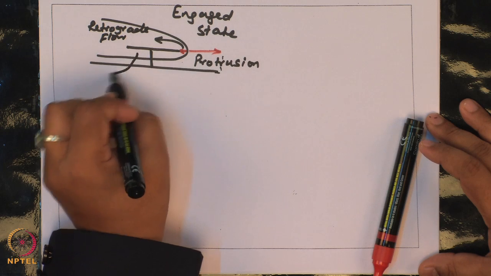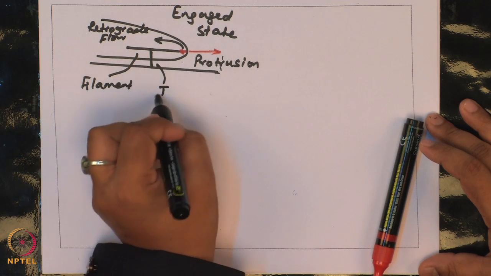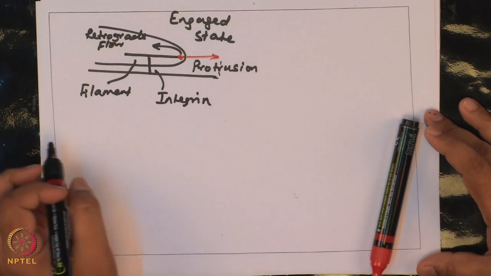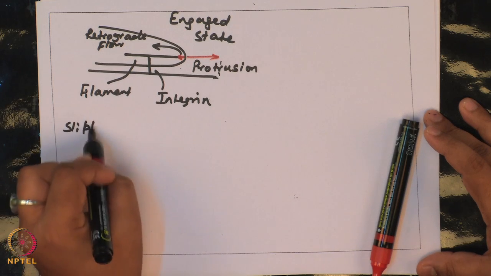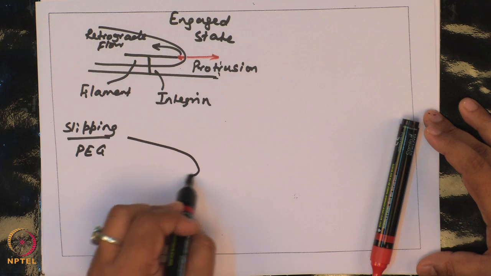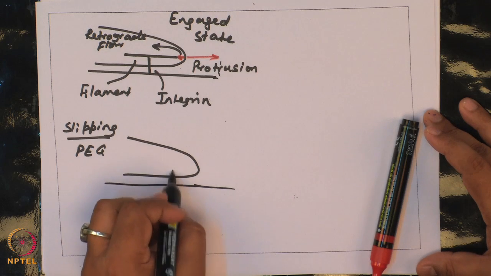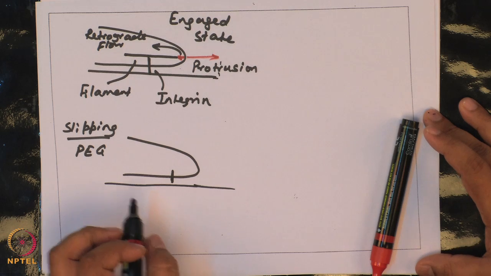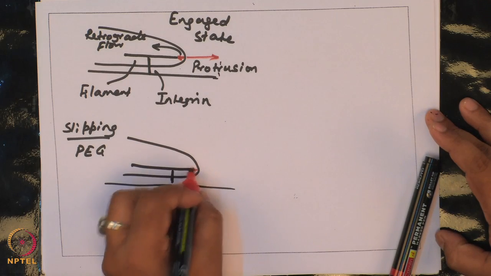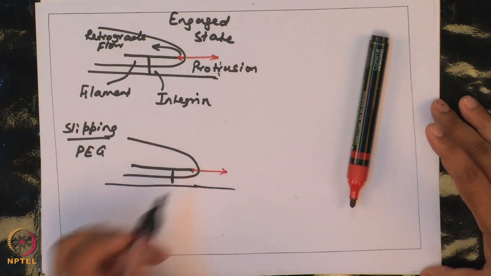What I have drawn here is the filament and this is the integrin connection. Now, a slipping kind of situation is what you observe on a PEG coated surface, where your integrin is there, but it is not engaged to the surface. So, you have this filament, your retrograde flow is partially increased, but your protrusion remains the same.